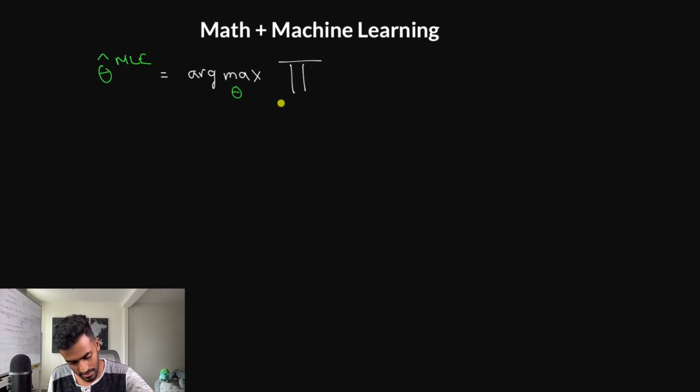And I'm going to say the iterator is going to be i, that goes from 1 to 10,000, since that's how many training samples we have. And it's going to be f subscript y, and what's being iterated is specifically yi, given the value of theta.